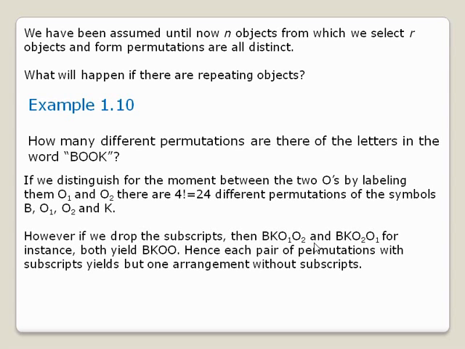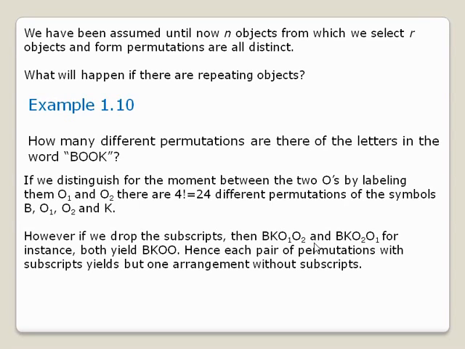If we distinguish for a moment between the two O's by labeling them as O1 and O2, there are 4 factorial, which is 24 different permutations of the symbols B, O1, O2 and K. However, if we drop the subscripts, then B K O1 O2 and B K O2 O1, for example, both will yield the same formation BKOO.